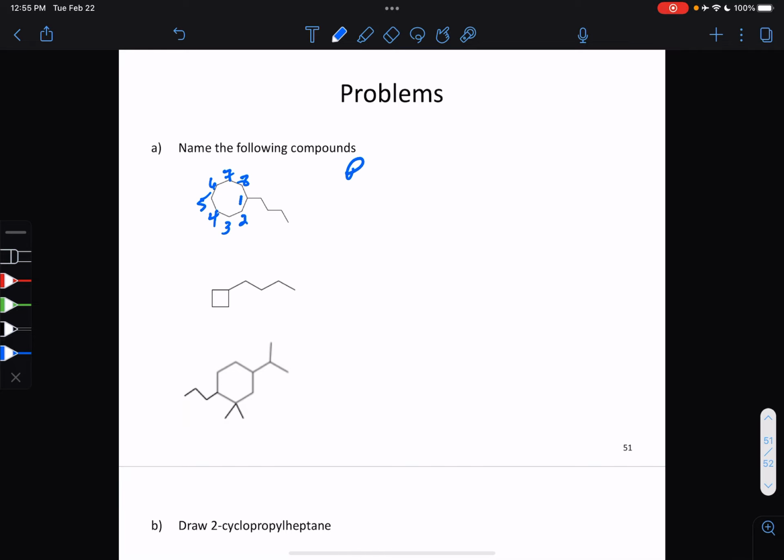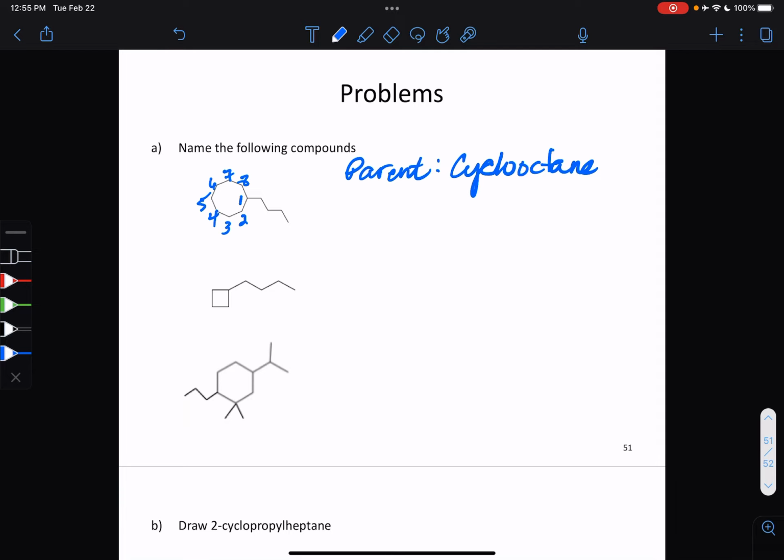So our parent is going to be called what? With 8 carbons, if you said cyclooctane, you are correct. Cyclooctane. Now, a common student mistake is to forget the cyclo portion when putting the full name together.